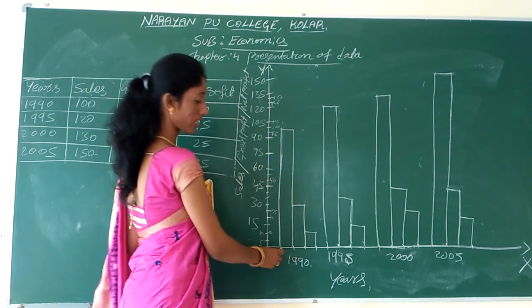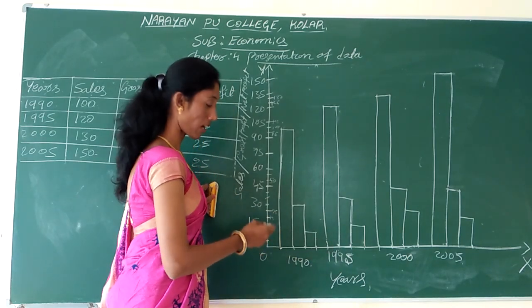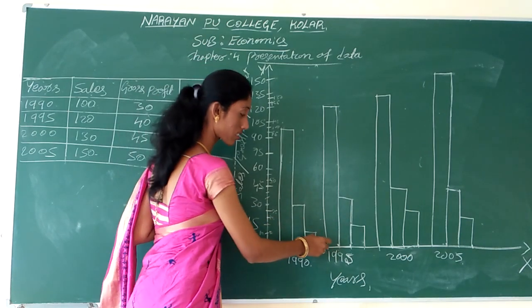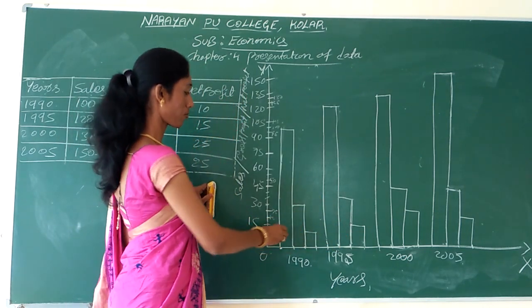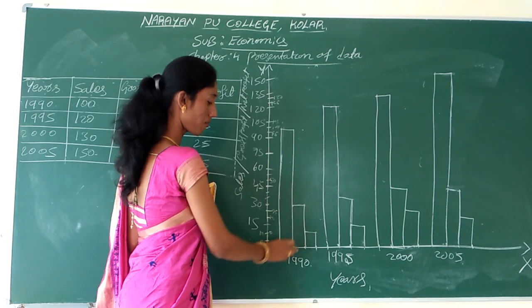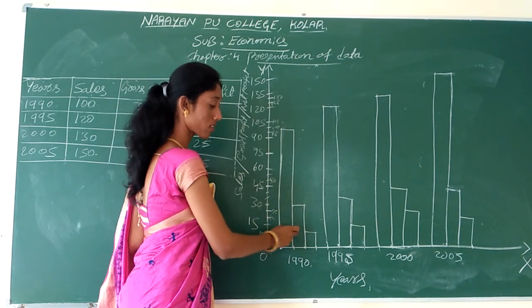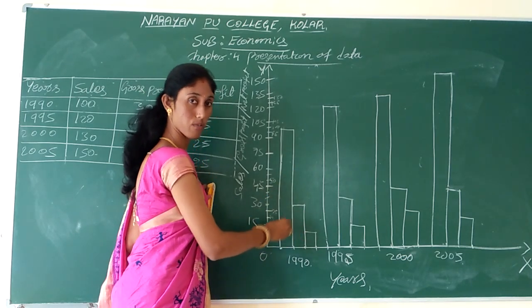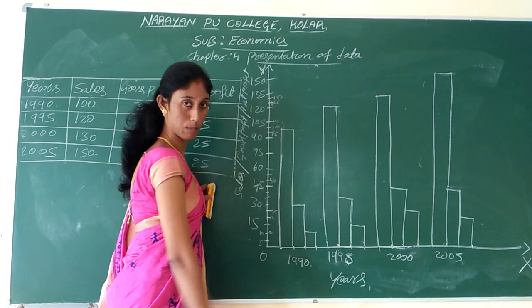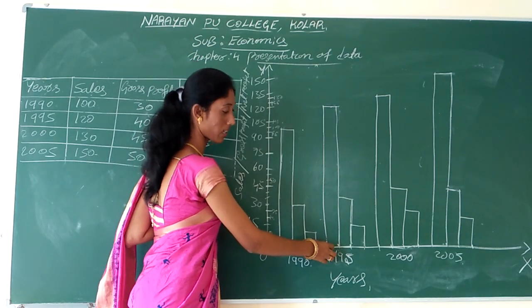And we should take equal space for each bar width, and equal distance also. While drawing a particular year, we need to take no gap or space between the bars. You can join them at a time, one bar after one bar, and after the completion of one particular year, we take a space.